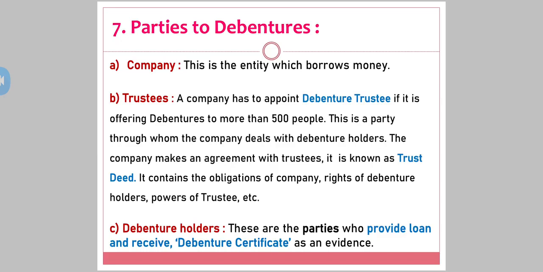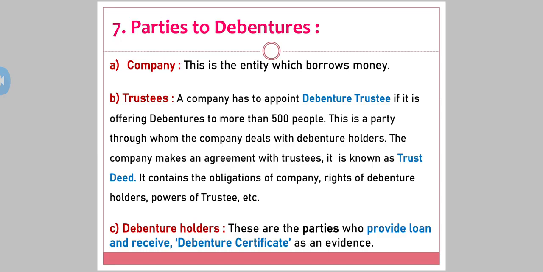Second, you have got trustees. Now see here, who is a trustee to a company? A company has to appoint a debenture trustee, and a trustee is a person under whom the transaction or the dealing takes place, just to make sure that nothing goes wrong, or no other person's interest is getting affected.